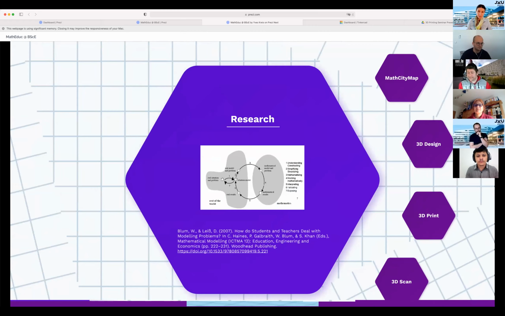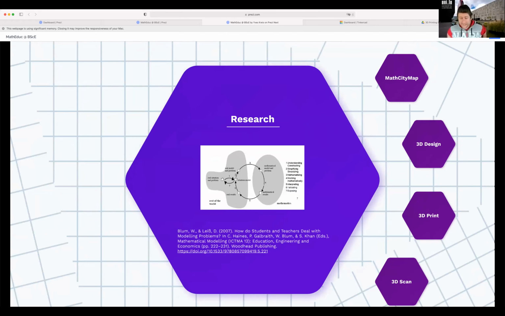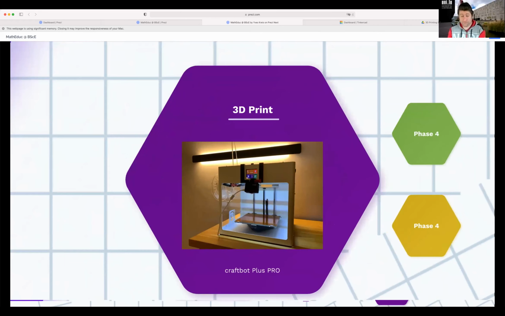After designing these buildings, the next step was, of course, to print them. So we acquired a Craftbot Plus Pro printer, which is very useful because it is robust and it doesn't make too much noise, so you can even use it in the classroom.